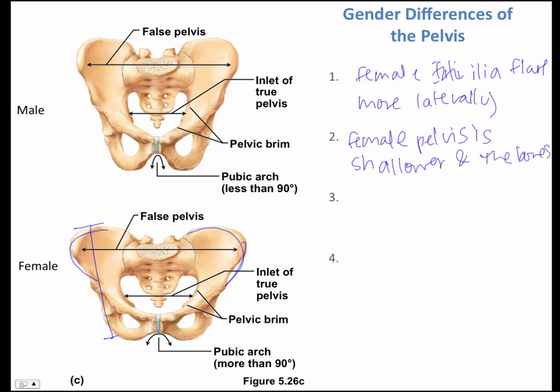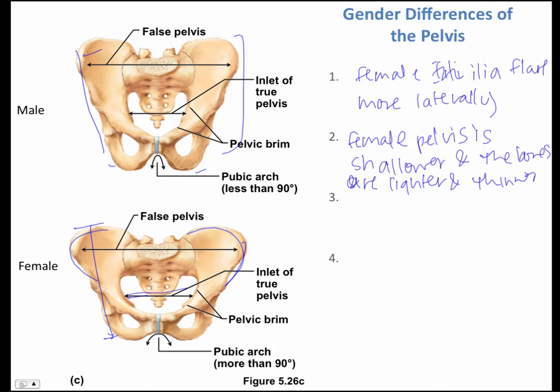And the bones are lighter and thinner. And you can see here, men's much more narrow. Also, the ischial spines are shorter and farther apart, and that being the case allows this outlet to be much larger.